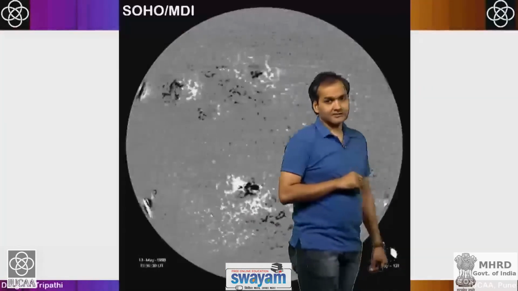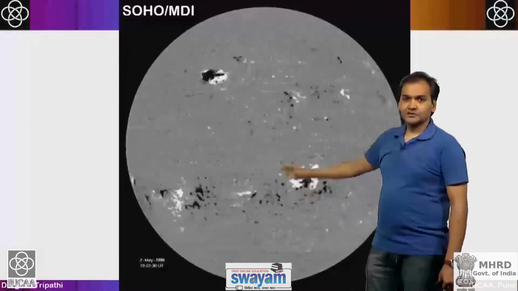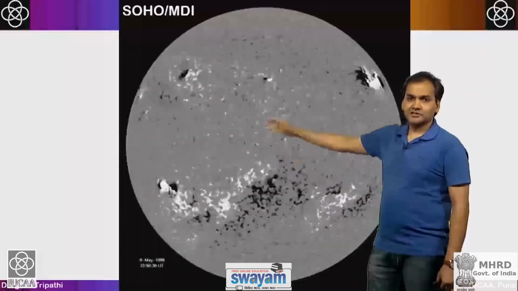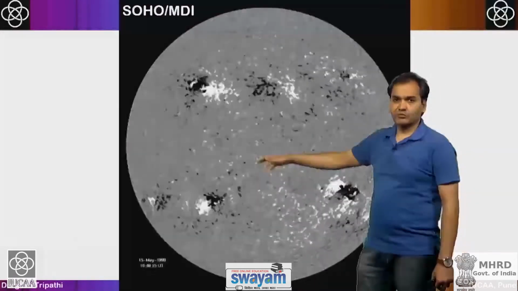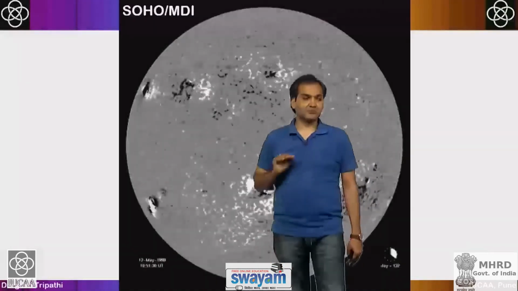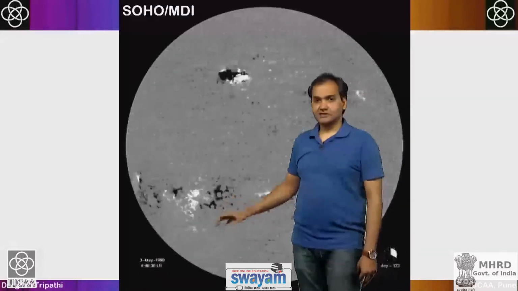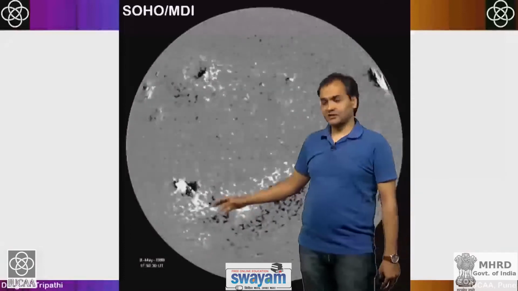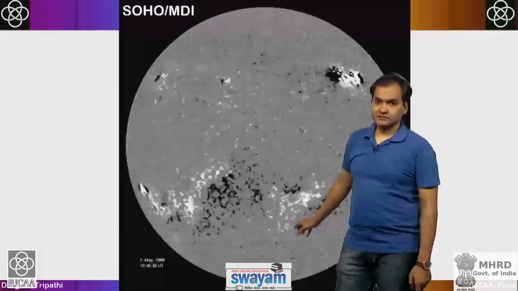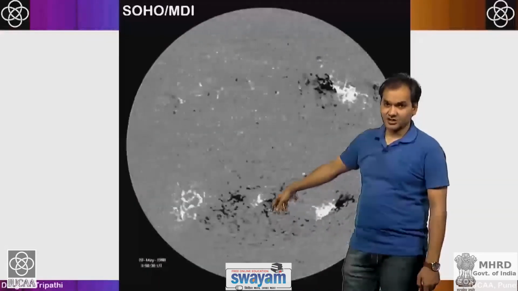What you also have, in addition to all these strong field regions, is a distribution of salt and pepper, if you like, on the surface of the sun. That is essentially saying that the sun is full of magnetic field. On top of that, these strong field regions are appearing and disappearing all the time, and that happens because the strong magnetic field regions are associated with sunspots.